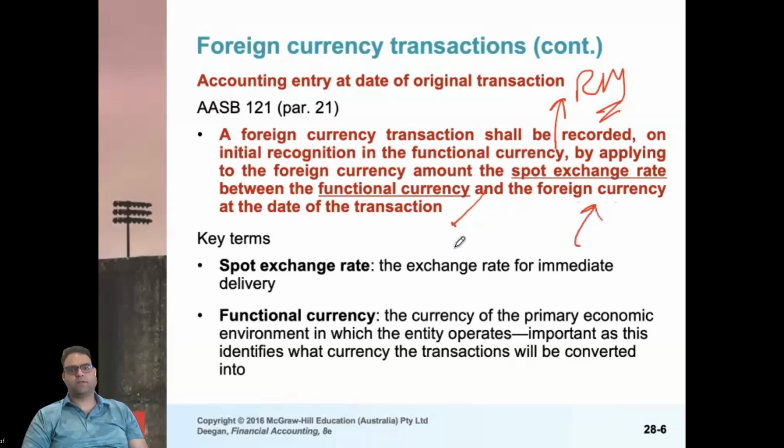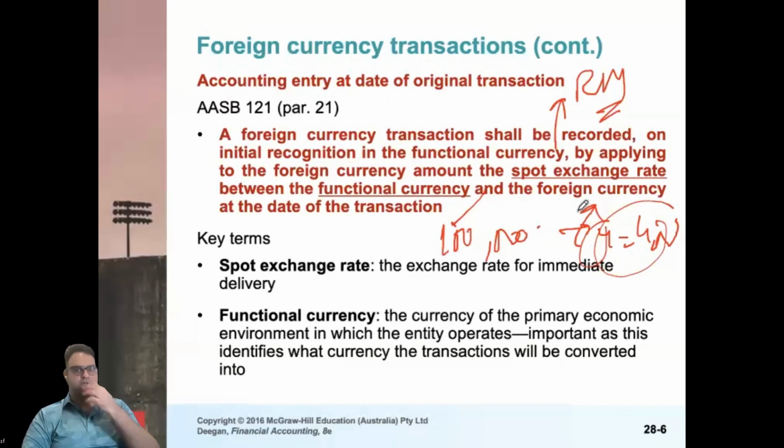What do I mean? For example, I have a loan of 100,000 Aussie dollars and today the rate is 4. I have to record in my books 400,000 because I'm working here. So my functional currency, my domestic currency, should be RM rather than writing down 100,000 Aussie dollars. And it makes sense, because that 100,000 Aussie dollars will not be the same tomorrow. There will be an exchange I have to pay for.